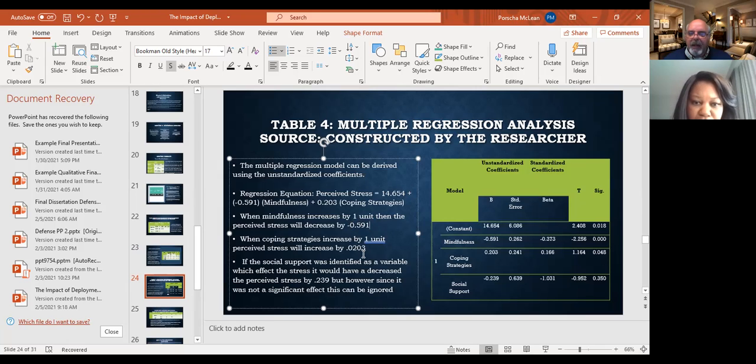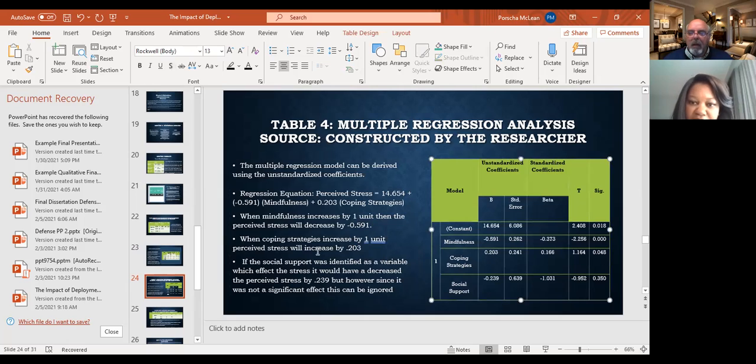Good. Just put a period. You don't have to put units. They know that you're talking about units. Okay. And then when coping strategies increase by 1 unit, perceived stress will increase by 0.2. You got an extra 0 in there. There you go. Okay, perfect.